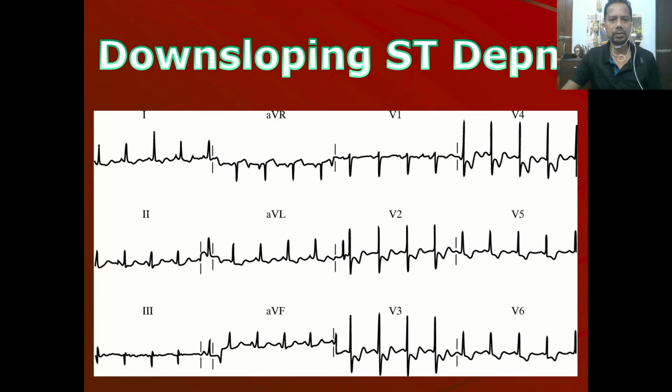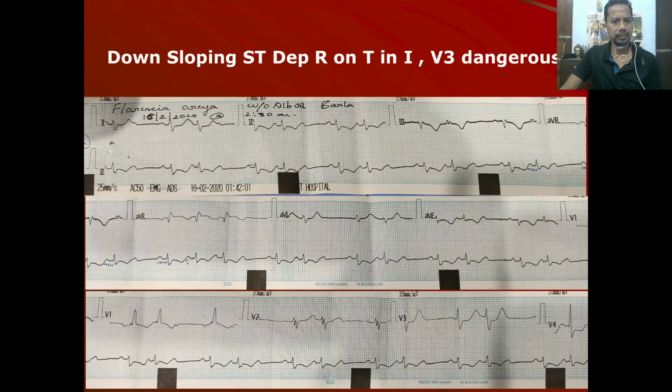So this is a downsloping ST depression. So this is again a downsloping ST depression. I kept this ECG from here only, where we are working and you people are studying. And in this there is a very special phenomenon. You will see an R on T phenomenon in lead V1.